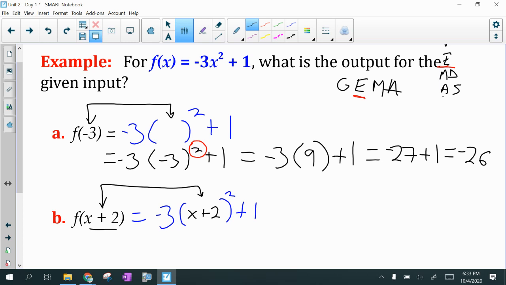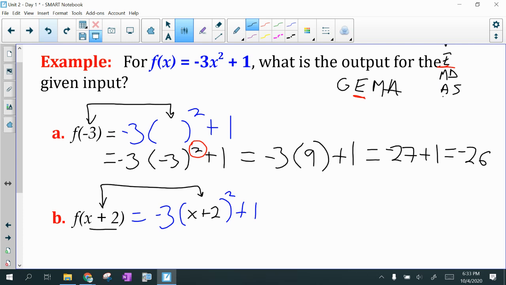Anything that is inside the parentheses is going to be subbed into x in the original function. All right, and the next thing I'm going to do, a bunch of people goof this up, even though they did this right, because algebra was not their favorite topic.